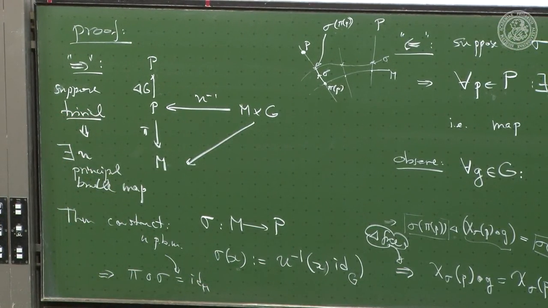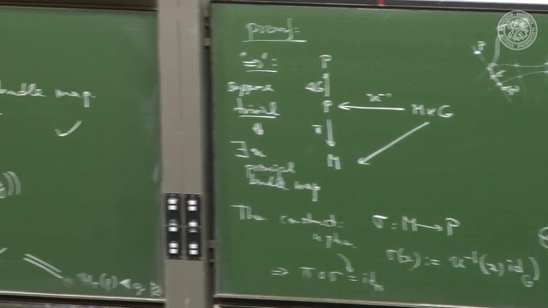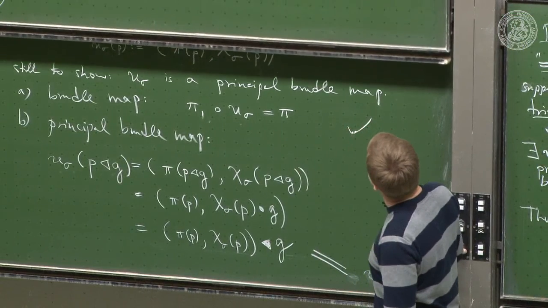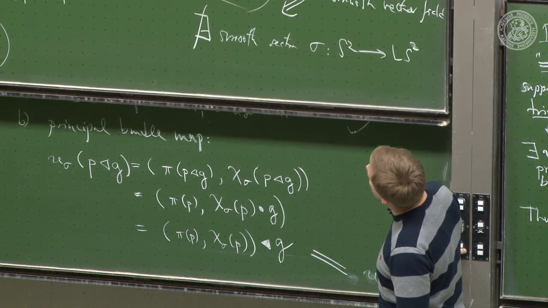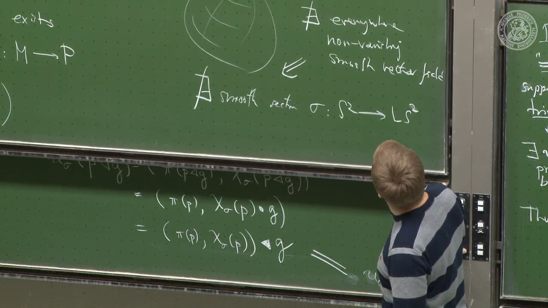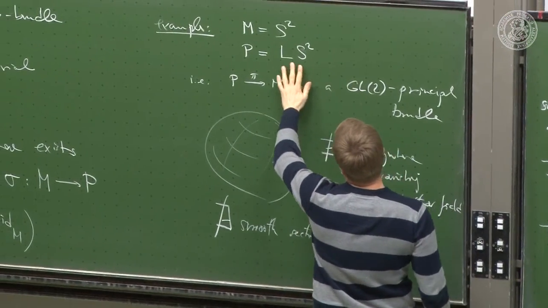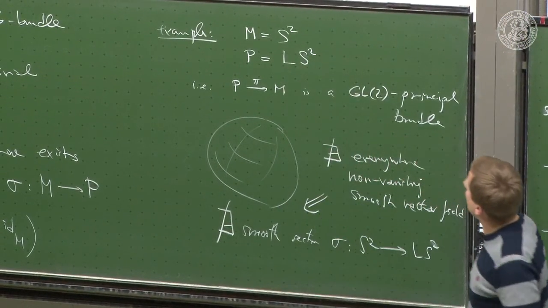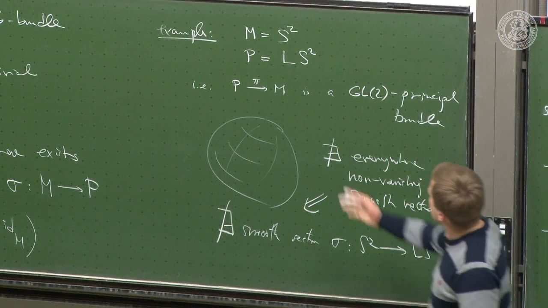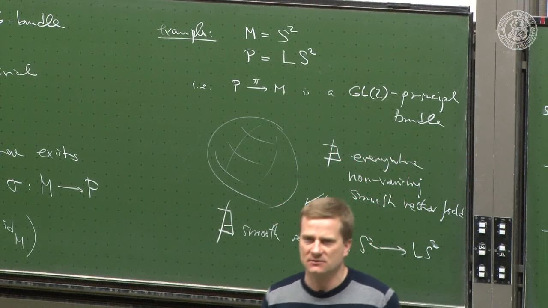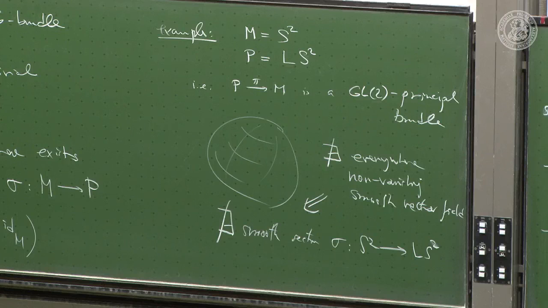So we now confirmed that what we did before, that we used our theorem in establishing whether the principal GL2 bundle provided by the frame bundle of S2 is trivial. No, it's not trivial, because there is no section of that principal bundle.